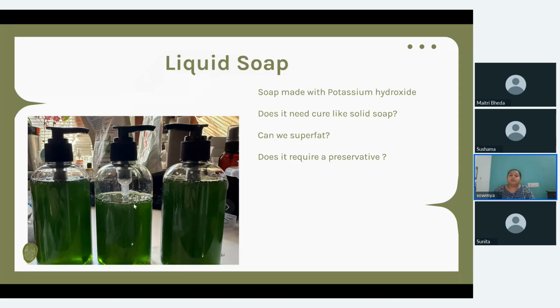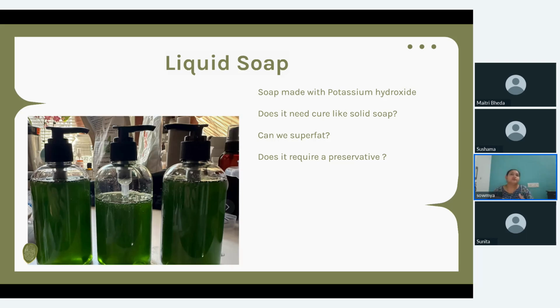The major thing about liquid soap is that it doesn't need any curing, like how you have to cure your soaps with both CP and HP. Liquid soaps don't require any curing, but soapers use the word sequestering.